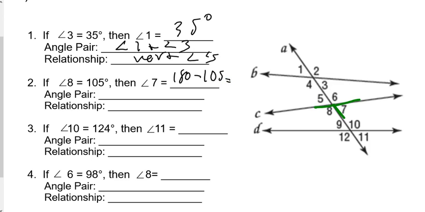Which is 75 degrees. So, angle 8 and angle 7 are supplementary. They're also a linear pair.